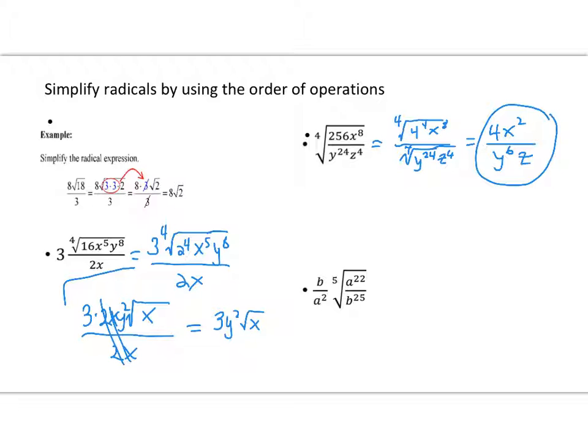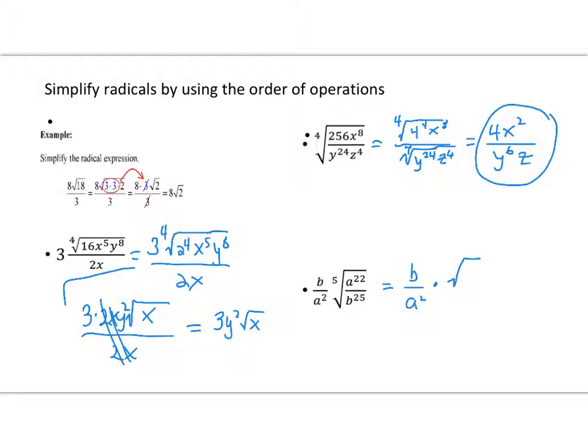In the next problem, next to that, I have b over a squared times the 5th root of a to the 22 over b to the 25. Well, I'm going to leave the b over a squared alone temporarily, and I'm just going to deal with the radical symbol.